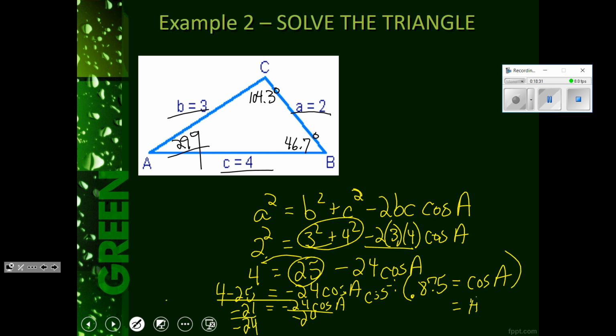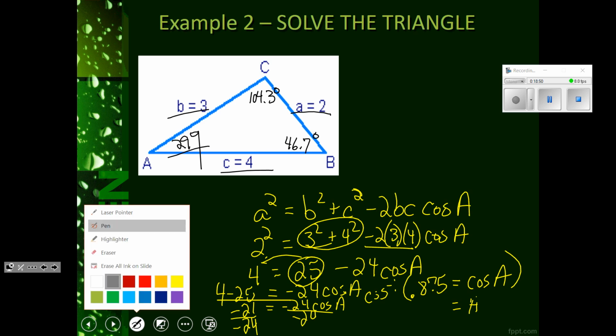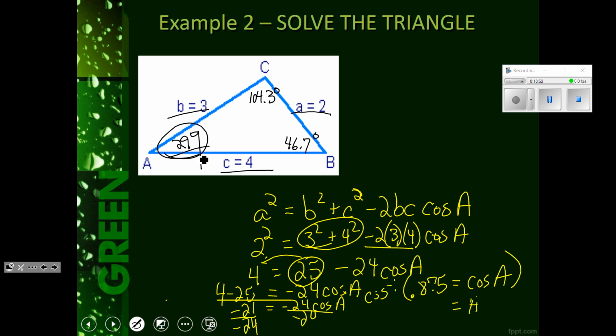Hear this. Okay. So do not forget what we did yesterday with our ambiguous cases, okay? So yes, we did law of cosines here, and we found that the first angle was 29 degrees. Great. But when you go back to the law of sines, you have to check for that second angle when you find the next angle.